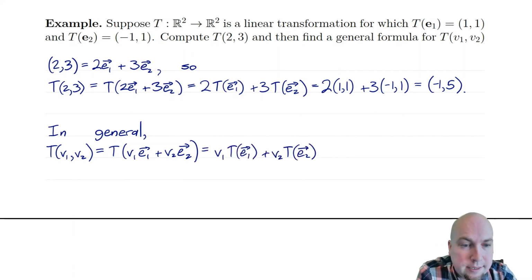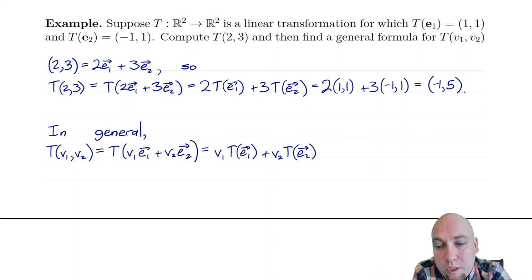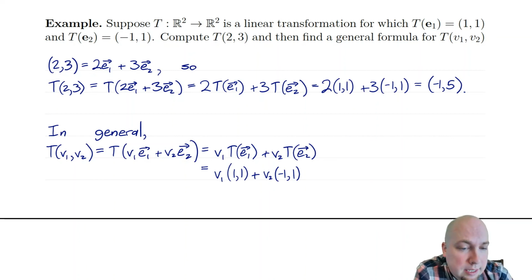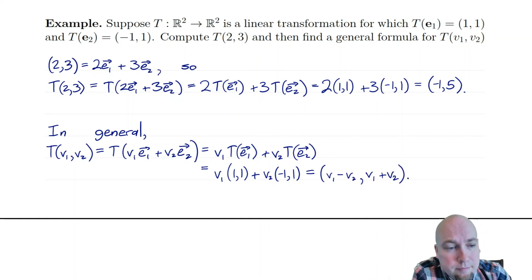This is v1 times T of e1 plus v2 times T of e2. Then just substitute in these vectors. What is T of e1? Well, that's (1,1). And what is T of e2? That's (-1,1). So just substitute those in there, do the scalar multiplication and vector addition, and you find that T of (v1, v2) must equal (v1 - v2, v1 + v2).